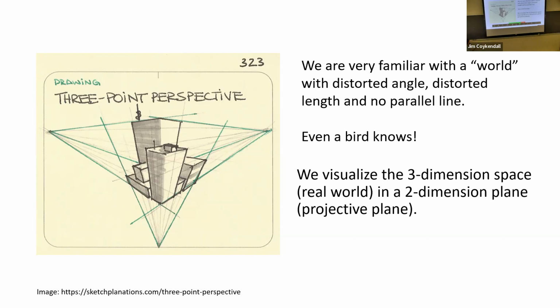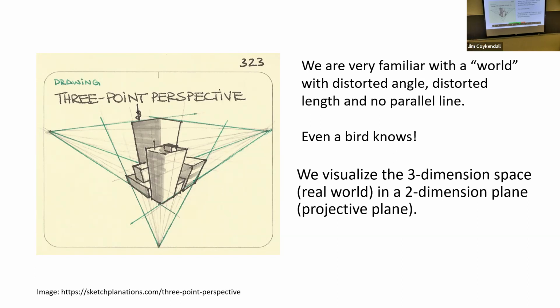We visualize the three-dimensional space, that is the real world that we live in, very often in a two-dimensional plane. We call it a projected plane in math, but if you don't use math language, it's just something that we capture with a camera, with a photo.